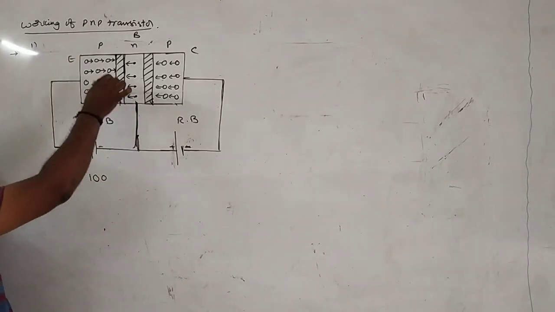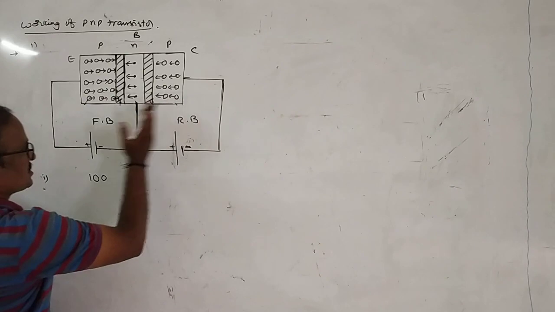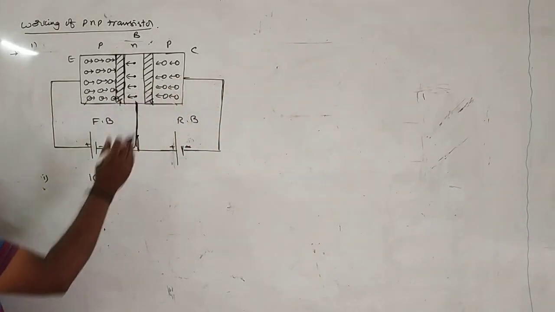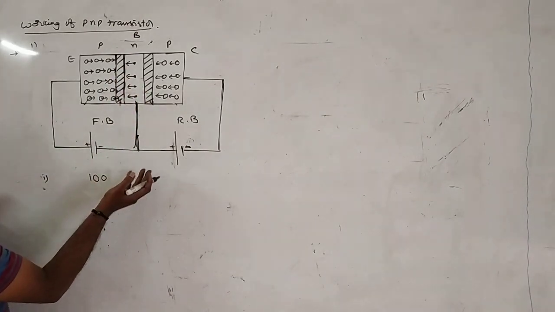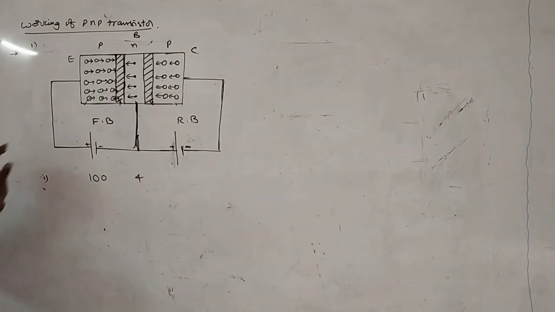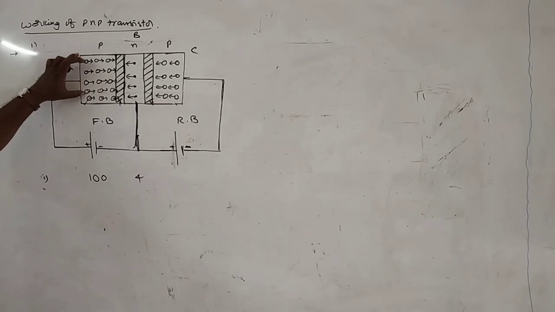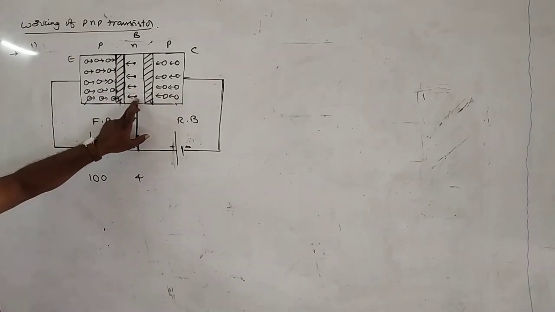Suppose all these 100 positive charge holes tend to move from left to right. How many electrons are there in the base region? Maybe there are only 4. Means out of 100, only 4 positive charged holes recombine with the electrons in the base region and become neutral.